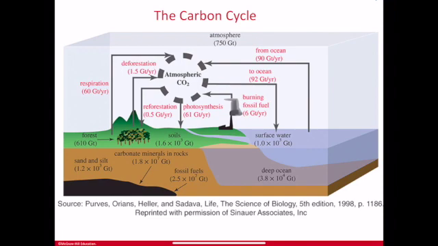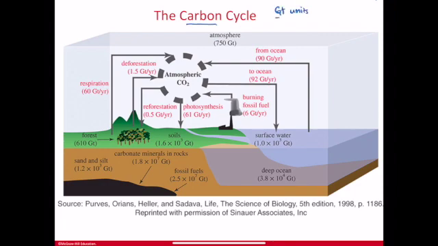So let's look at the carbon cycle. This is in today's worksheets. This is the global, around the world, on Earth, underground, on the surface, and in the atmosphere, movement of carbon atoms. So we can see first the units are in GT.